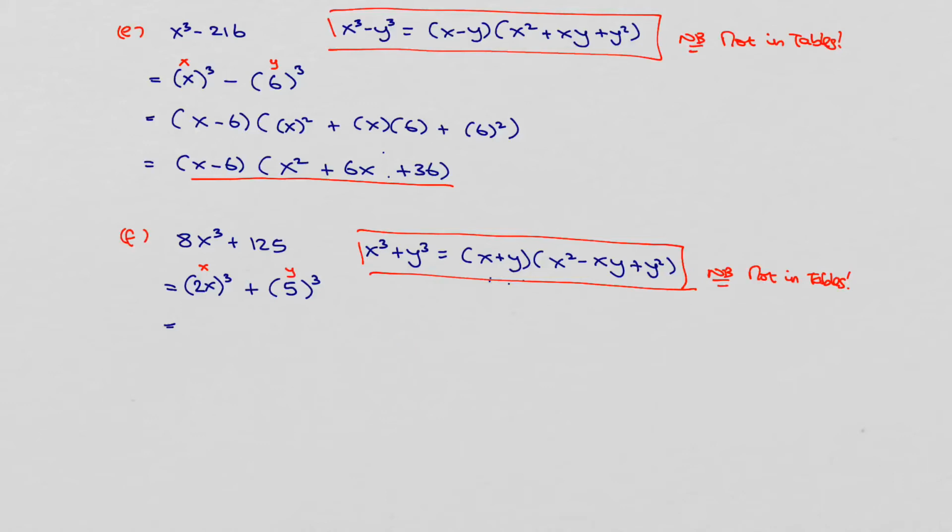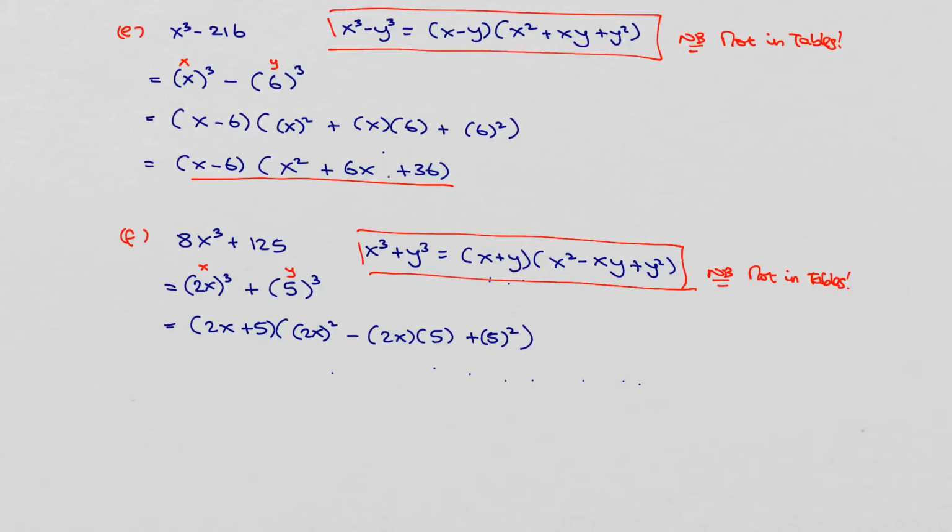So what we have is x plus y, so that's going to be 2x plus 5 times x squared, which is going to be 2x to be squared, minus x times y, so that's going to be 2x times 5 plus y squared, in other words, 5 squared.